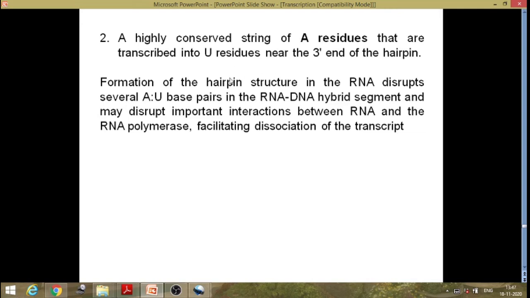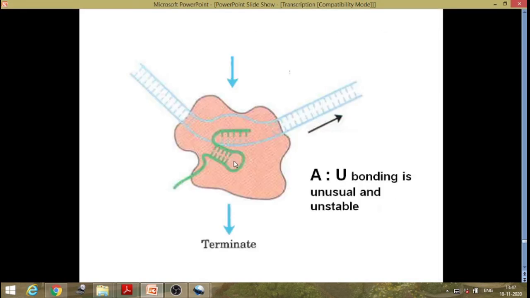The formation of the hairpin structure in the RNA disrupts the several AU base pairs in the DNA RNA hybrid segment and may disrupt the important interactions between RNA and the RNA polymerase, facilitating dissociation of the transcript. We can understand this by looking at this figure.